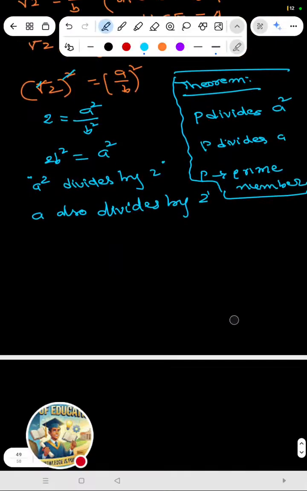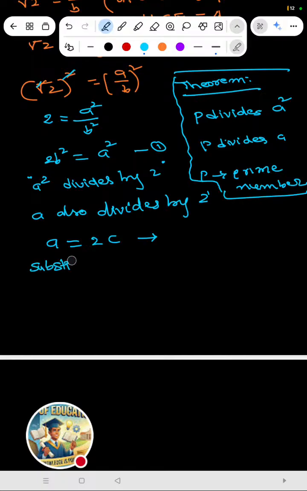Next, we take a is equal to 2c and substitute this value in this equation. Substitute a is equal to 2c in equation 1.